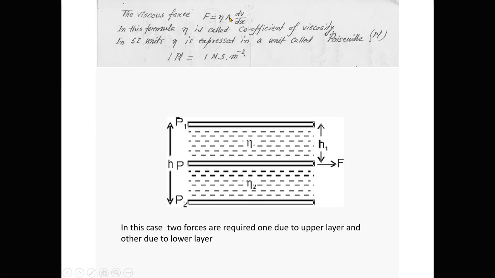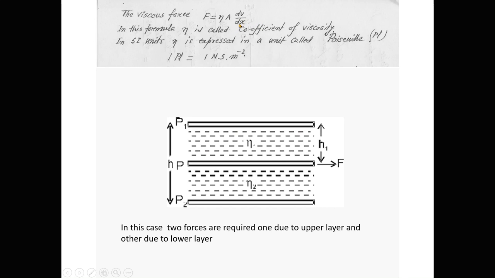The viscous force. Here we recapitulate the idea. The viscous force is F is equal to eta A dv by dx. Actually, dx may be used in place of dy. I have used all the notations in different contexts. Some books use dx, some books use dy, same thing.